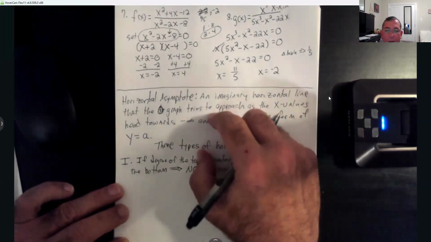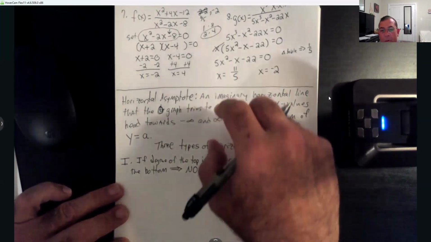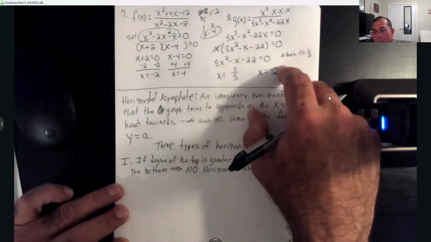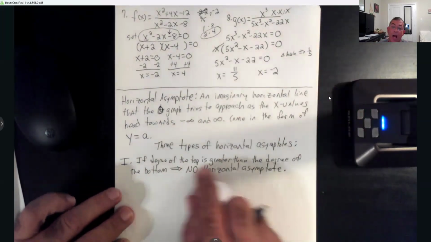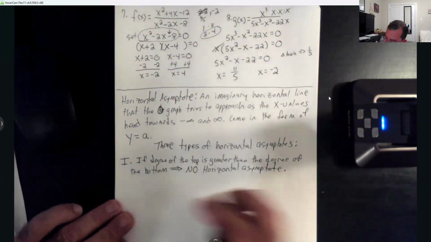That's because the top grows bigger than the bottom, so it's going to head off towards infinity.